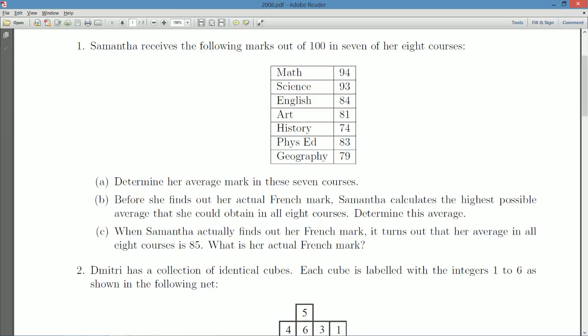Determine her average mark in these 7 courses. Well, to determine an average, we just need to add up all the numbers and divide by how many numbers there are.